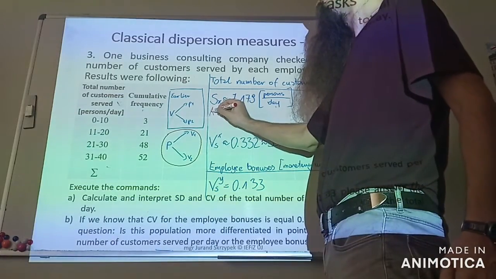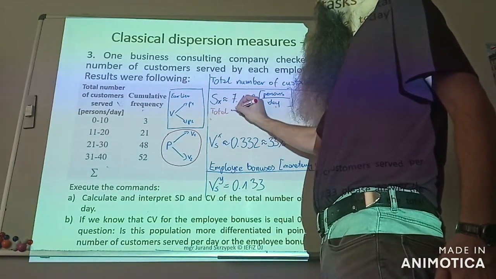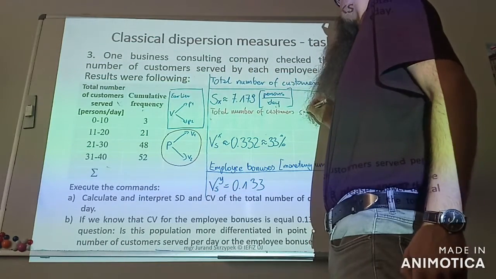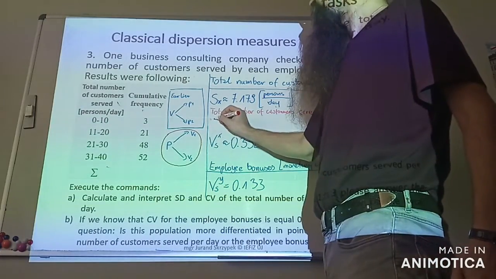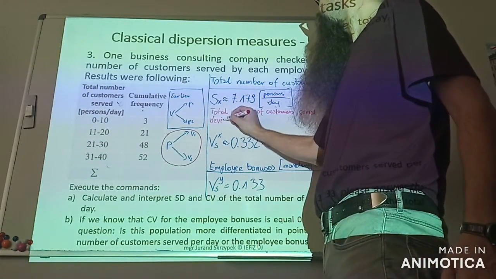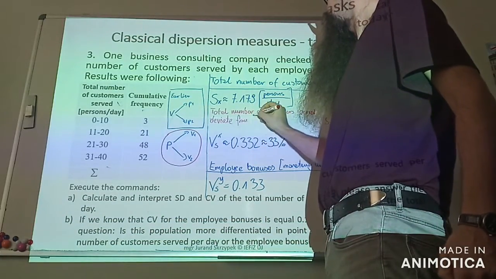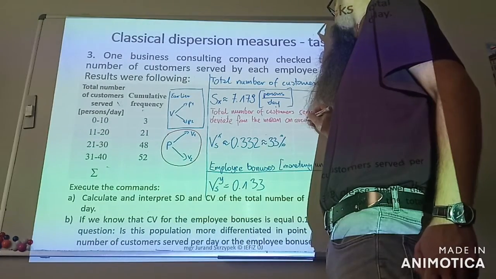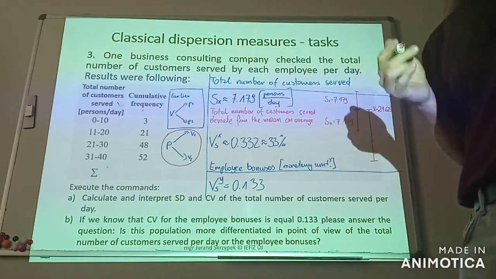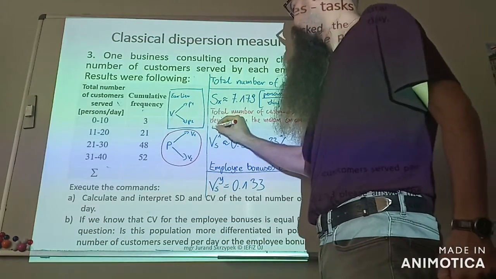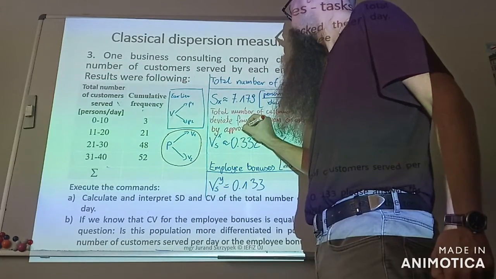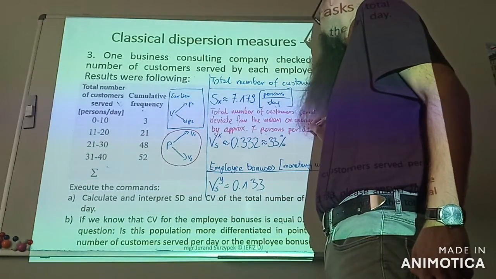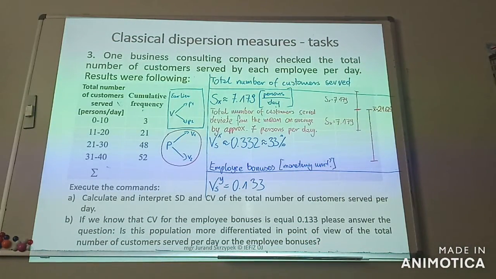It means that total number of customers served deviate from the mean on average, because we are talking about the average deviation from the mean, on average by approximately 7 persons per day. This is the interpretation of the standard deviation.